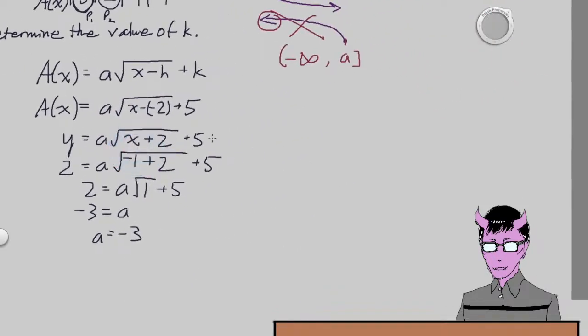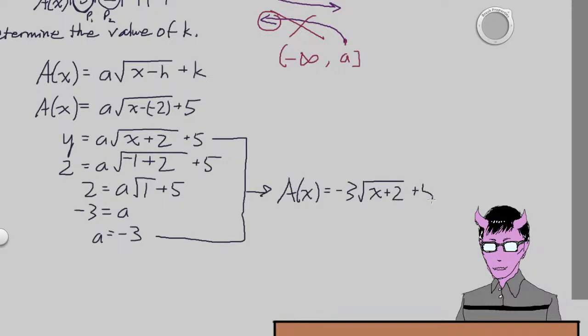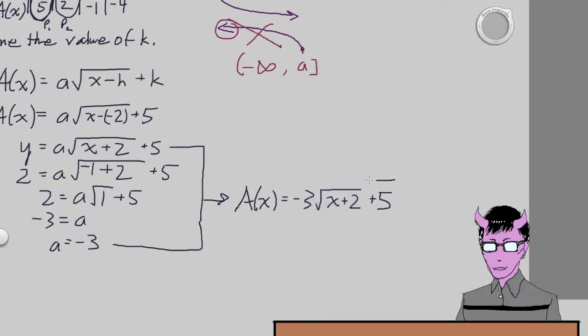So as such, we can put this one and that one together to generate our a of x equation. So a of x is therefore equal to -3 coefficient times the square root of x plus 2, close parentheses, plus 5.